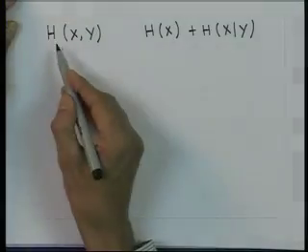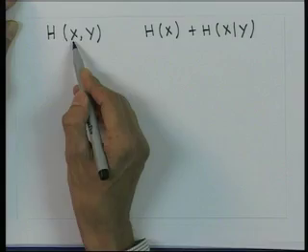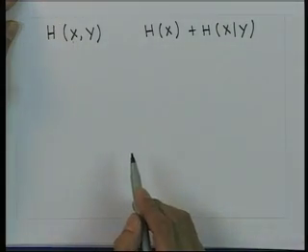This is my joint information. I have my marginal information measure, and then I have my conditional information measure. Now, I want to find out a relationship between these three quantities.